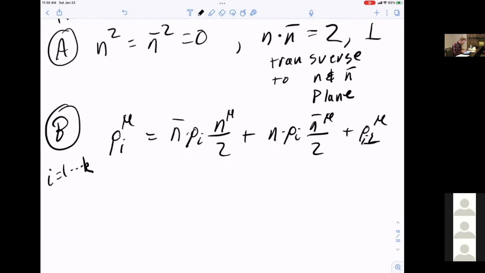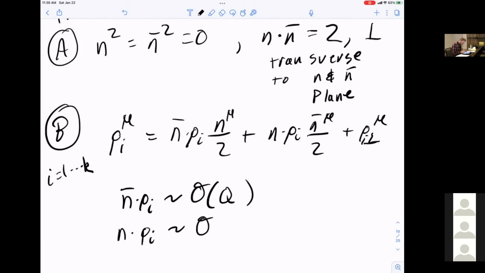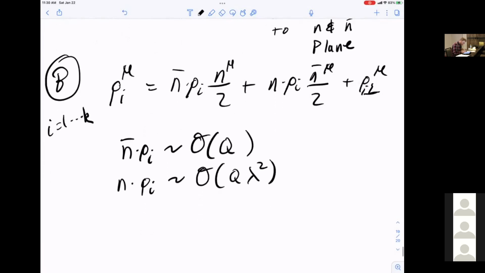And I have the following scalings. So that's what I mean by that set of momenta being collinear: that they all follow that particular type of scaling.